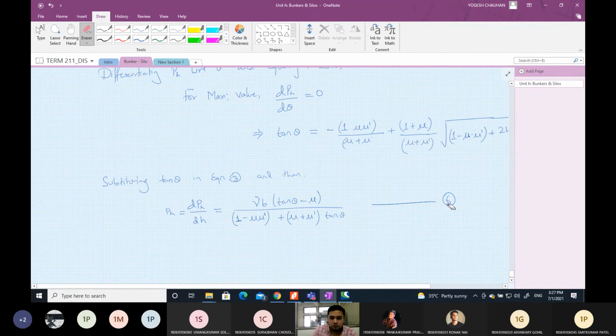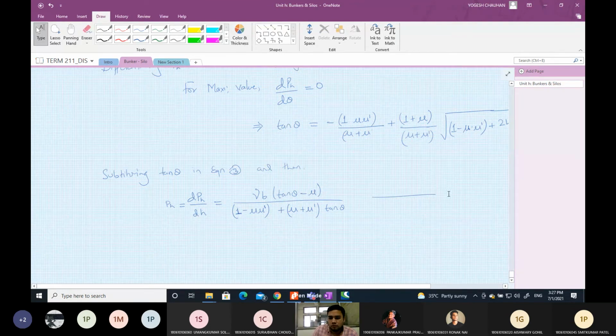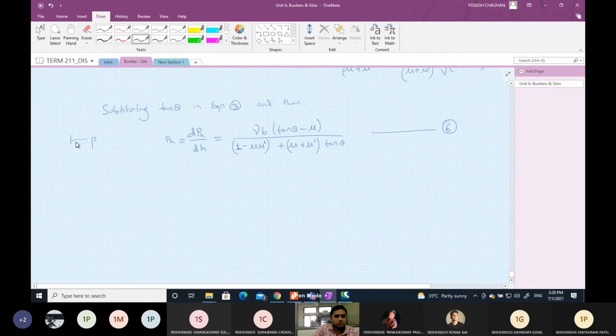So this equation number 6 gives you the horizontal pressure intensity.